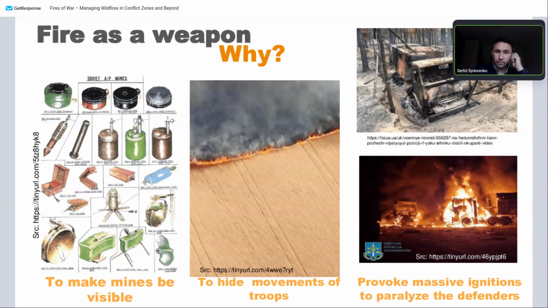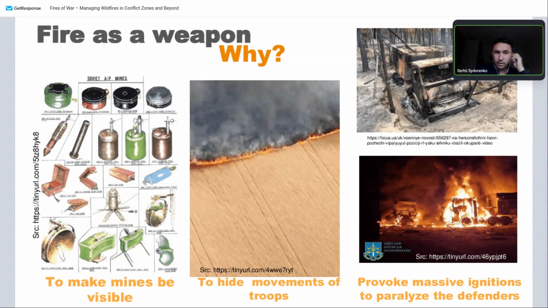So one of the approaches to take advantage is to use fire just to clear the area and make these mines visible. When I started, I was also a little bit surprised. My first thought was that fire would clear the area and all of the mines would detonate after the impact of fire.